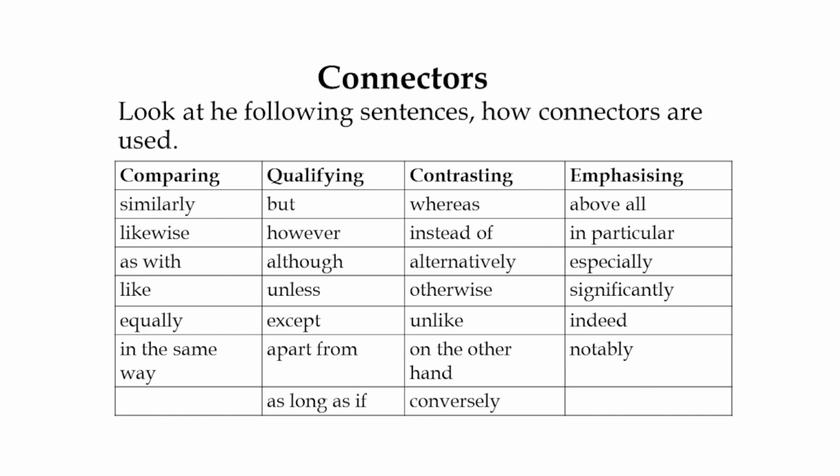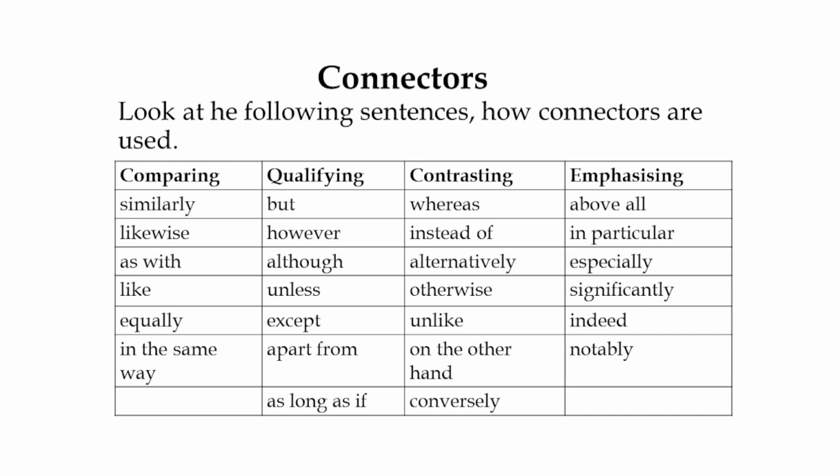These are the comparing connectors used in a sentence to compare. Qualifying: but, however, although, unless, except, apart from, as long as, as if. These are the qualifying connectors we use in the clause or the sentence to combine the ideas. Contrasting.